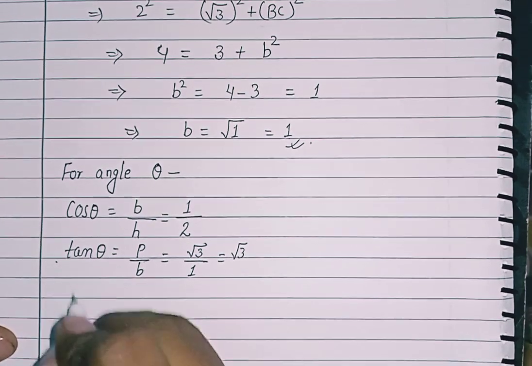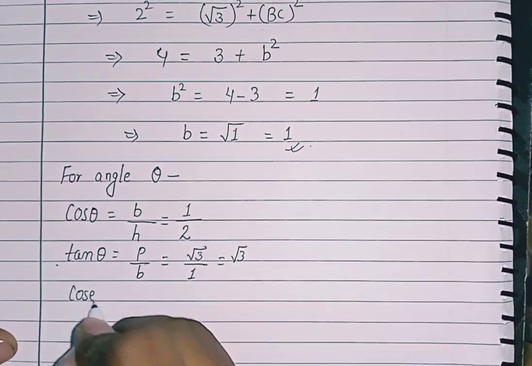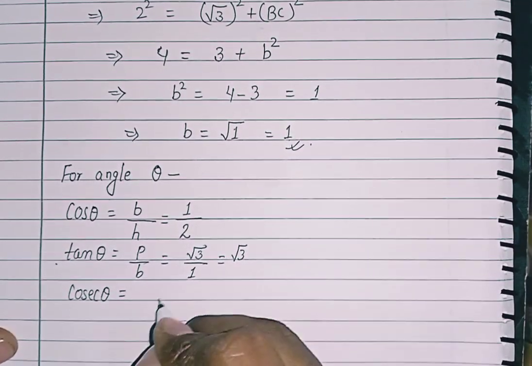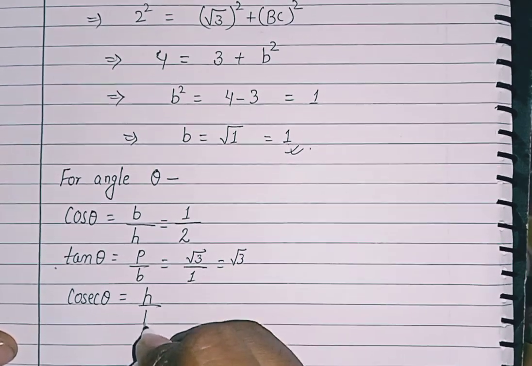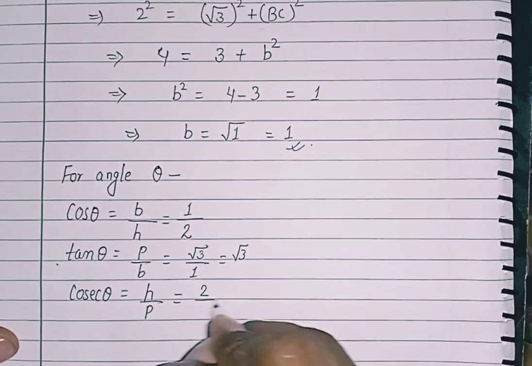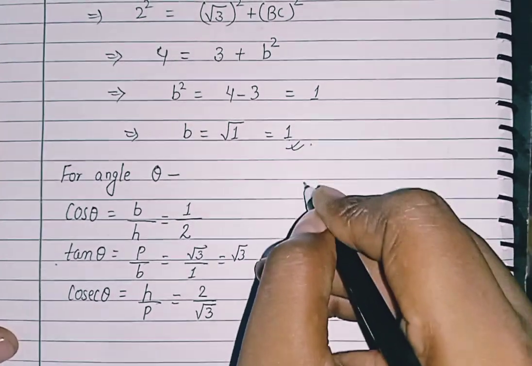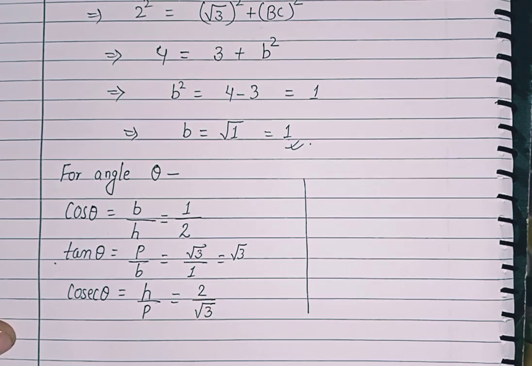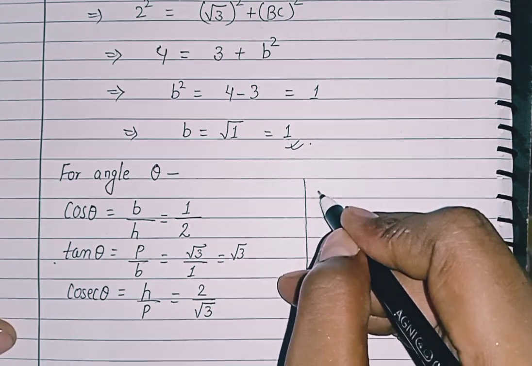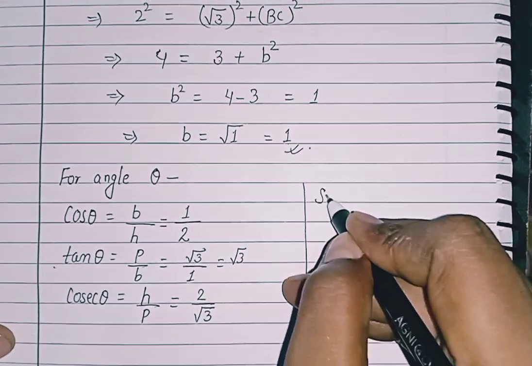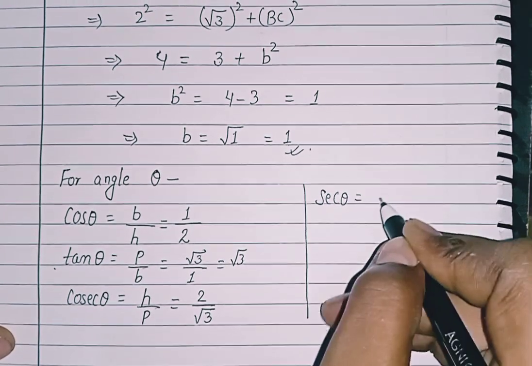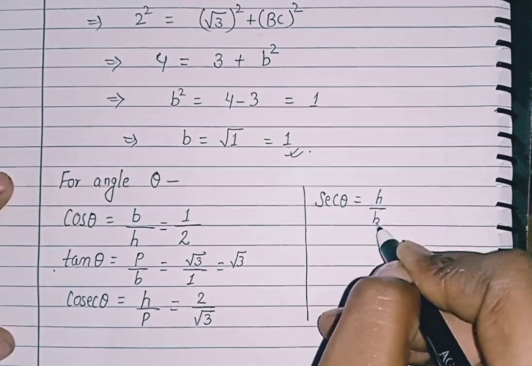Now we have to calculate cosec theta, which is just the opposite of sine theta, which is H by P, that is 2 by root 3. Now we have to calculate the other values, that is the opposite of cos theta, that is sec theta, which is equal to hypotenuse by base.